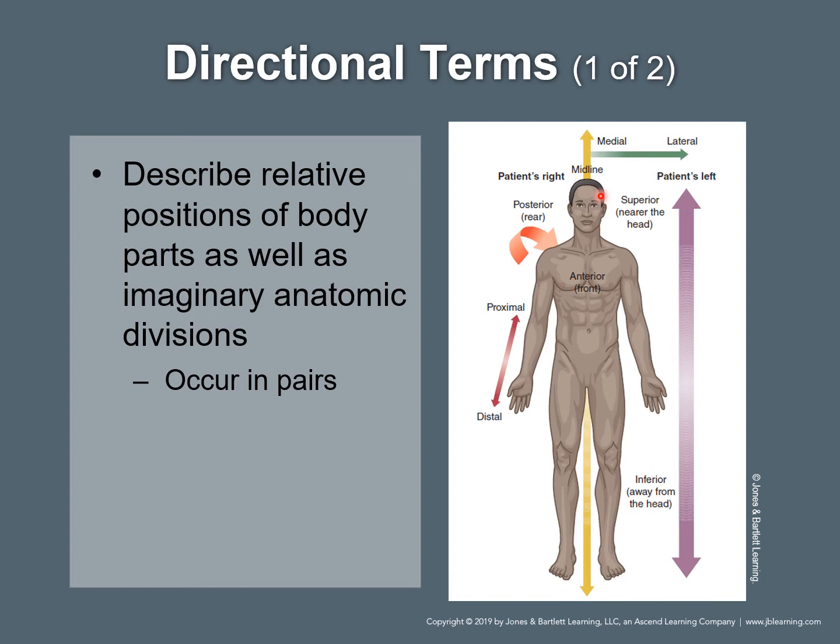The closest thing to it is his eyebrow. So using your directional terms, his eyebrow's here, the hematoma's above it here. You are going to say in which direction the hematoma is to the eyebrow. It's going up. That is superior. So you would say the patient has a hematoma superior to his left eyebrow.